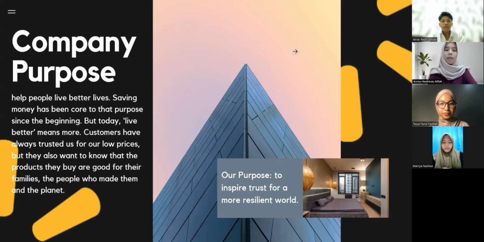The company's purpose at Walmart is to help people live better lives. Saving money has been core to that purpose since the beginning. But today, living better means more. Customers have always trusted us for low prices, but they also want to know that the products they buy are good for their families, the people who make them, and the planet.